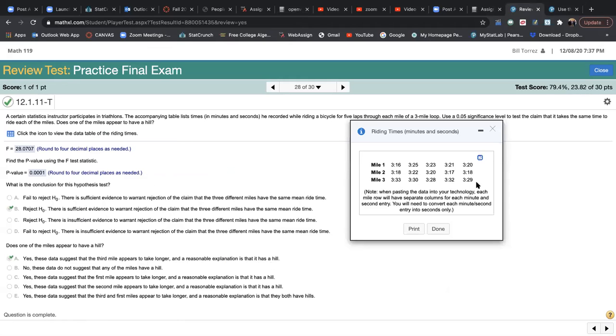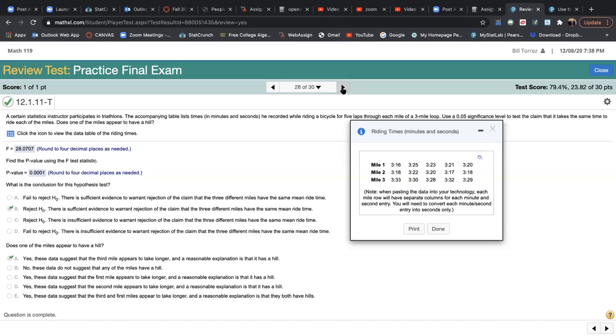Slower times for mile 3 indicate that you might have some sort of a hill there that might slow down the rider.